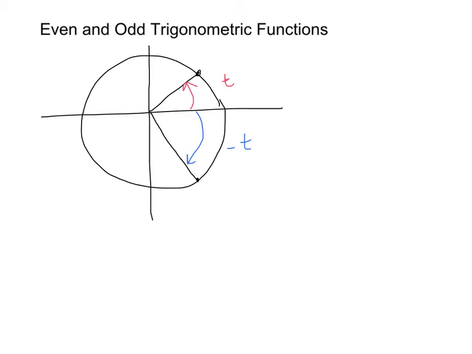So I'll write that. So cosine and secant are even. And that's because when you go around a circle, we'll use pi over 6, for example. Or let's use pi over 4.